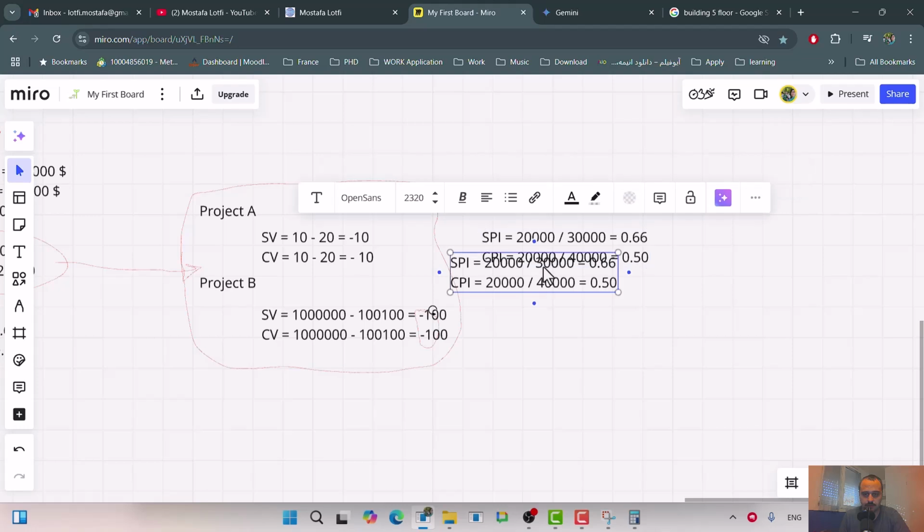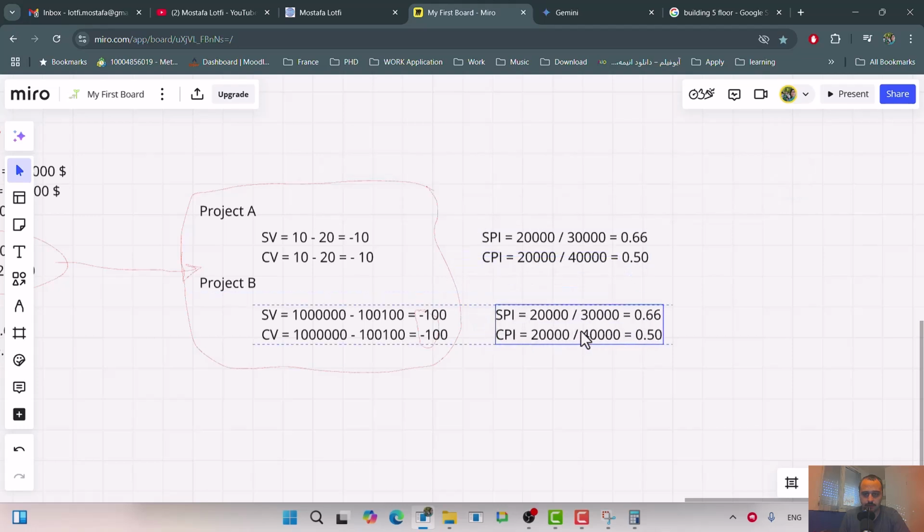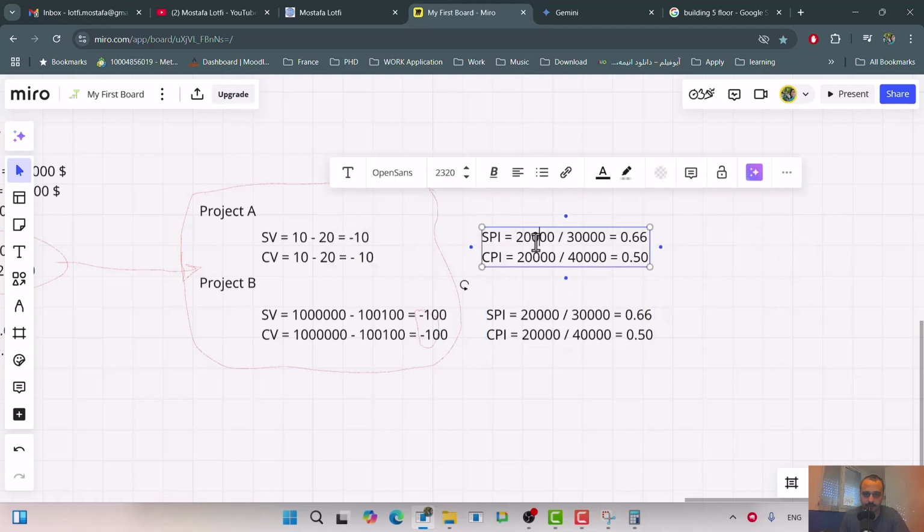Okay, so in this case it will be 10 divided by 20, 50%, right? Now CPI is 10 divided by 20, sorry, so this one is also the same.